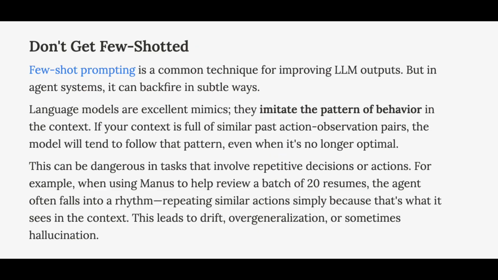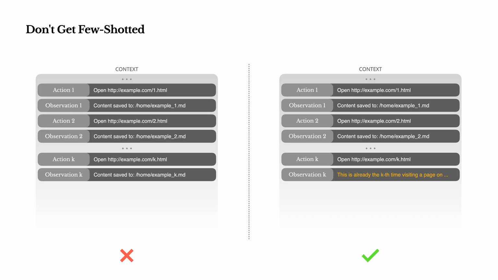Coming to the sixth point, avoid too many repetitive examples. When we add a few short examples to teach the model, we generally use similar examples for consistency, but too many identical examples may cause the model to follow those patterns blindly.